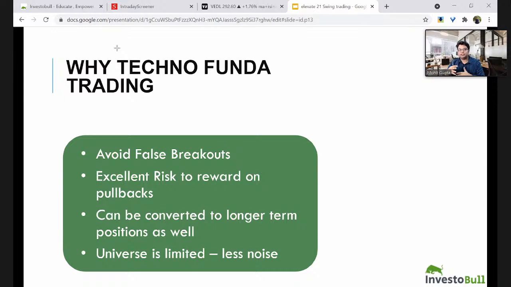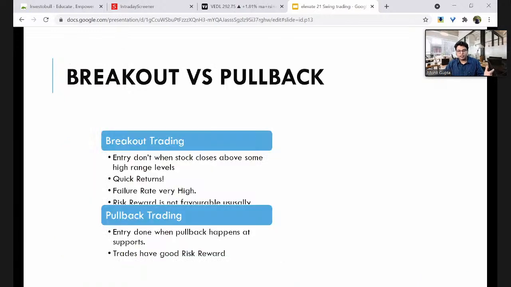Because when you track, let's say 20 stocks, and you track them over a year, you get familiar with the stocks. You see how that stock behaved in the past, how that stock is likely to behave, or where that stock is likely to get a good support. So you have a good idea about that. So you limit your universe to maybe 30, 40 stocks, and then you trade those stocks.